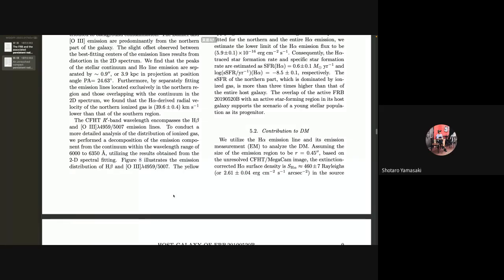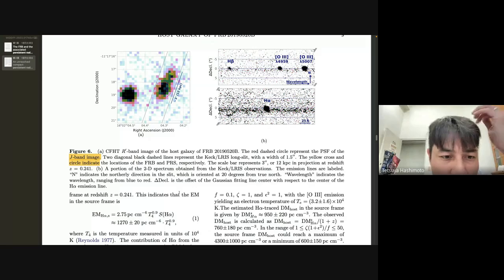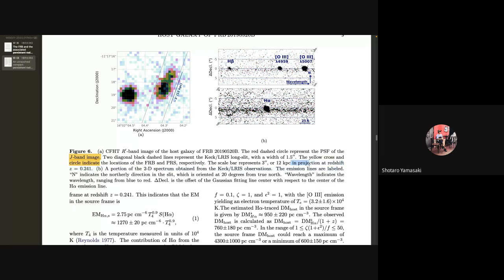If you don't have the number, it's okay. This one is saying 12 kpc is the size. 12 kpc. Yes. So it's very compact, a very small dwarf galaxy. Okay, then I understand. I was just confused by the scale difference. Okay, thanks.